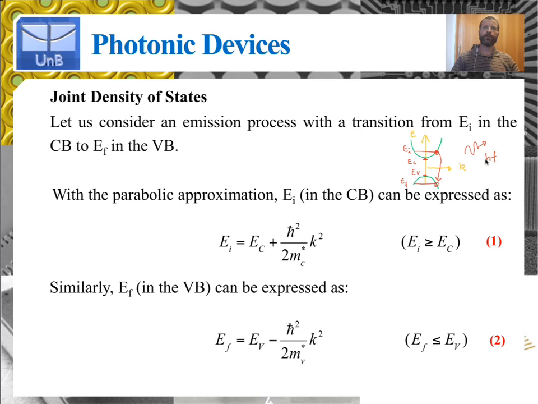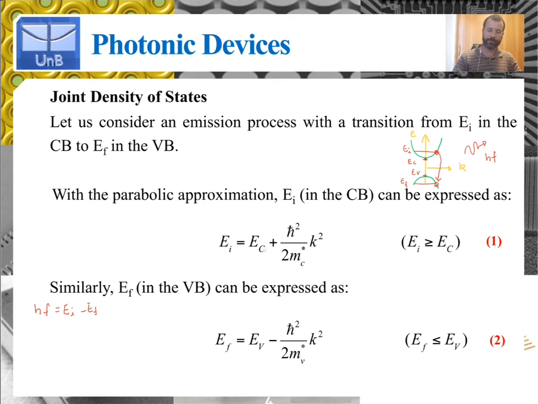And the energy of the photon is h times f, which has to be equal to the initial energy minus the final energy level, so EI minus EF. So what I'm saying here is that the photon energy hf has to be equal to EI minus EF, and we just have to subtract the last equation here from the first one.